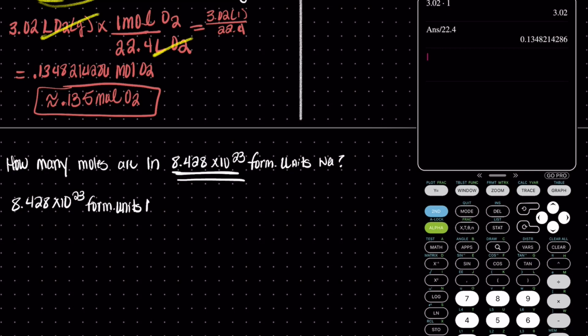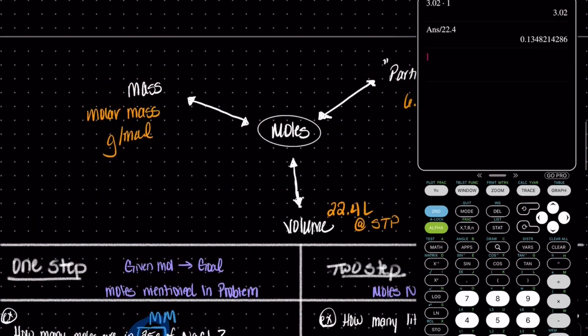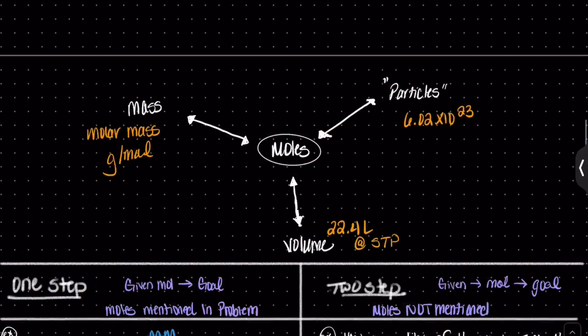Formula units of sodium. Now, I know for every 1 mole of sodium, I have 6.02 times 10 to the 23rd formula units of Na. And that's just from Avogadro's number over here.